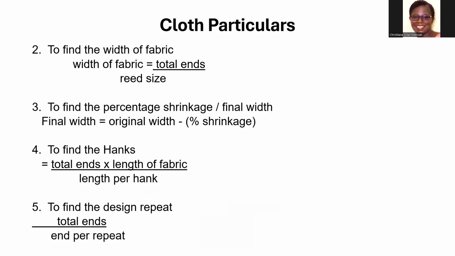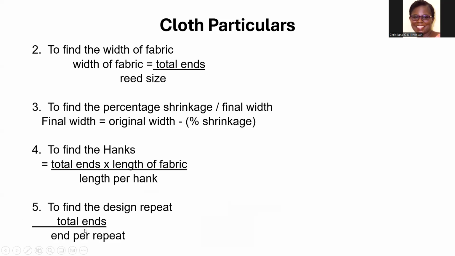When the question is given to you, you just substitute into the formula and off you go. To find the design repeat: when you are weaving, at times you have one color or one design repeating itself to make a bigger fabric. How do we determine the repeat of that design?